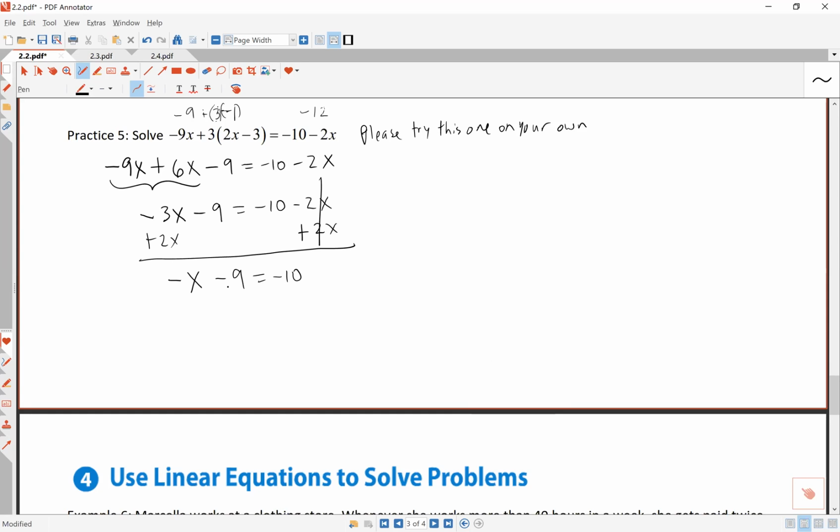Now we undo the addition or subtraction portion by adding 9. And negative 10 plus 9 is negative 1. Negative x is negative 1, so we divide by negative 1 to get rid of the negatives. And we have x is equal to negative 1 over negative 1, which is positive 1.